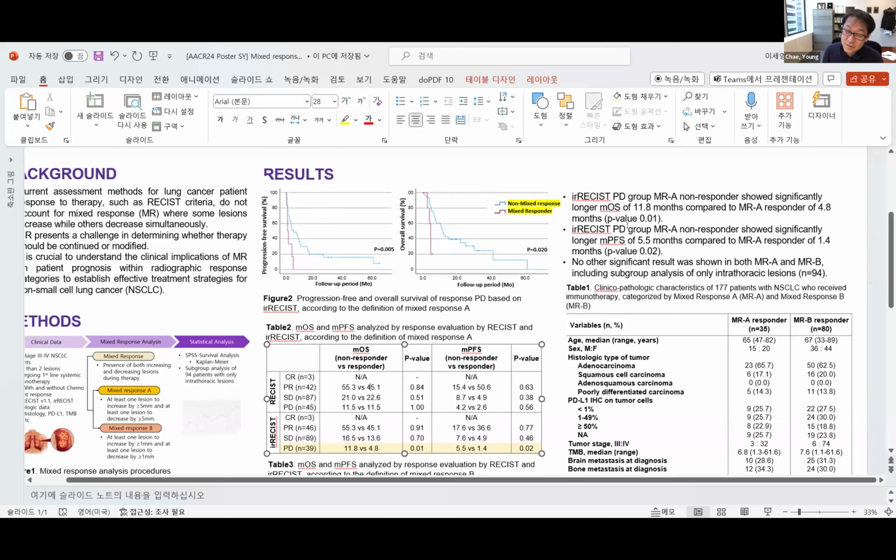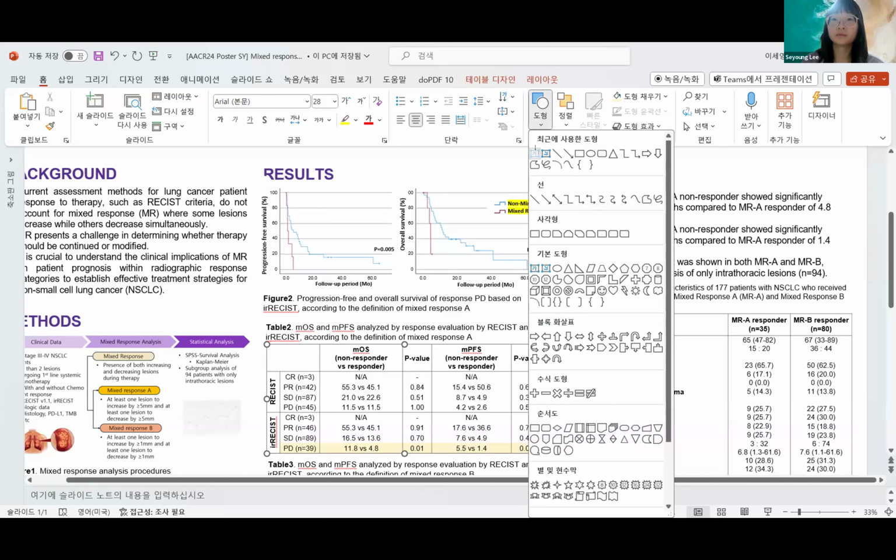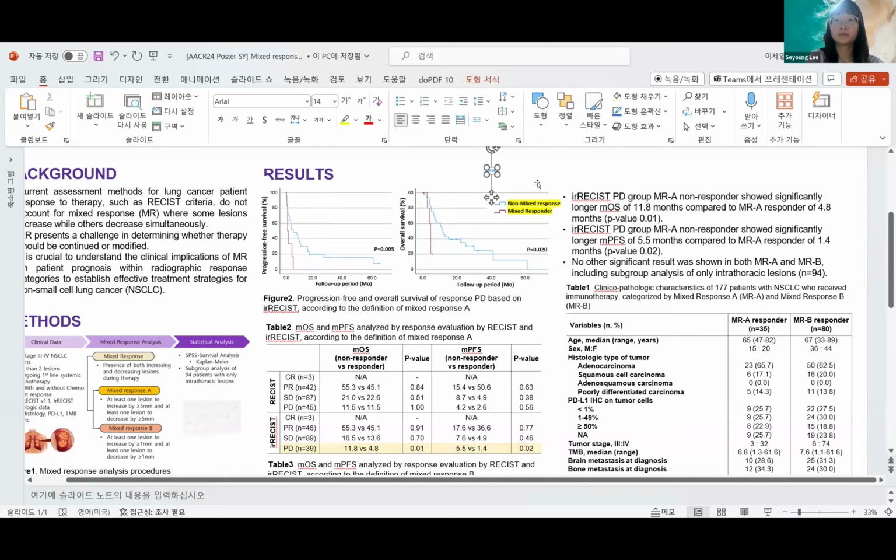So, just make sure there is no statistical error that happened when doing the analysis. And maybe it's just the iRECIST thing. And maybe think about the PD group being different, 45 versus 39.